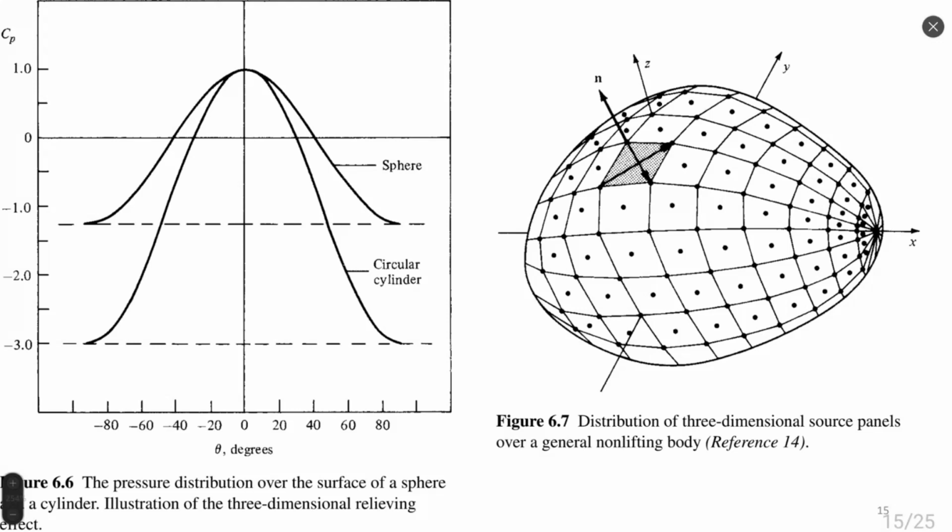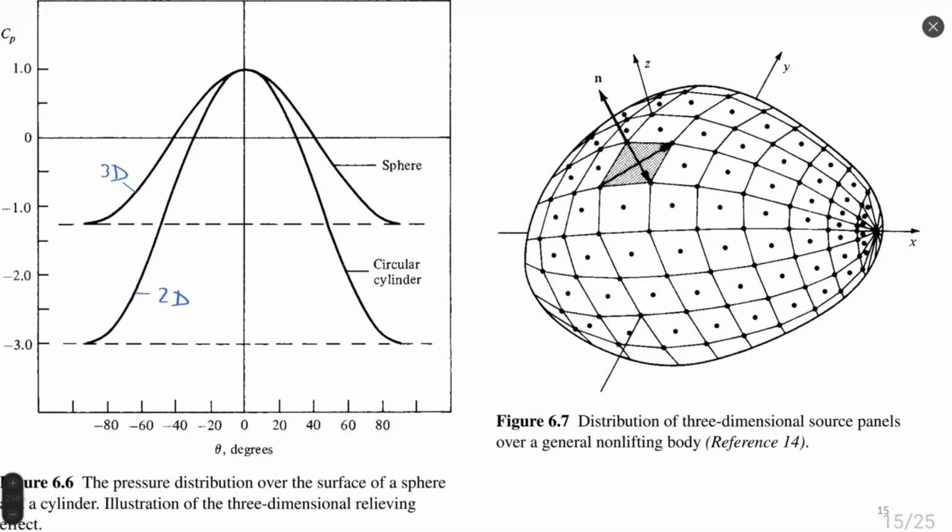Here, figure 6 is showing us a comparison between the pressure distribution of the sphere and the cylinder. This calculation we can analytically perform for both. This is the 2-dimensional case, the cylinder, and this is the 3-dimensional case, the sphere.